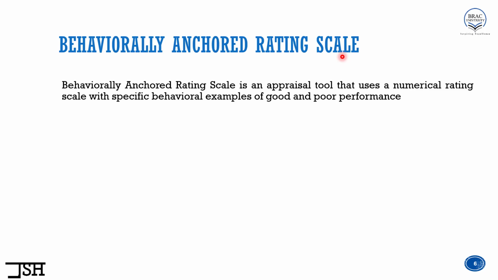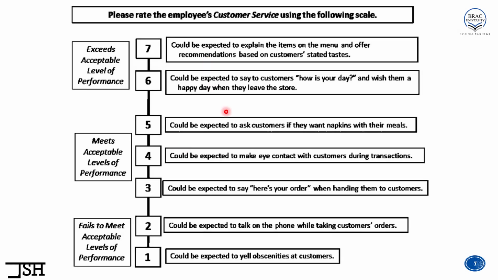So now let's move on to another example. Here is a practical, real-life BARS form. This real-life BARS form is being used in a restaurant, so this one is also used to do performance appraisal for a server. As you can see here, just as before, we have certain behaviors written here, and along with that we have specified scores.